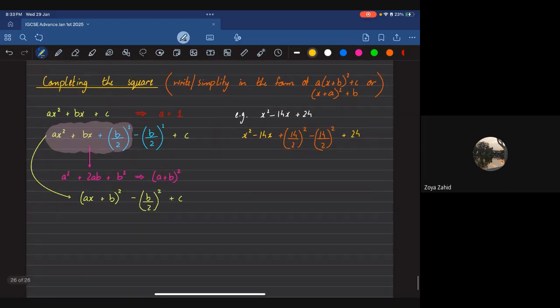This can be further written down as, I can simplify this.